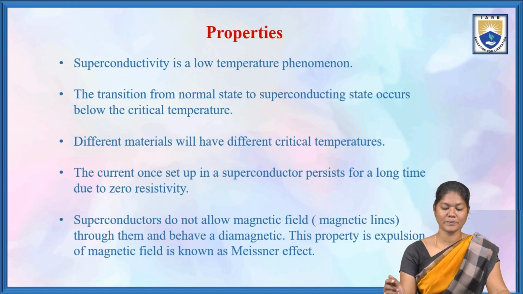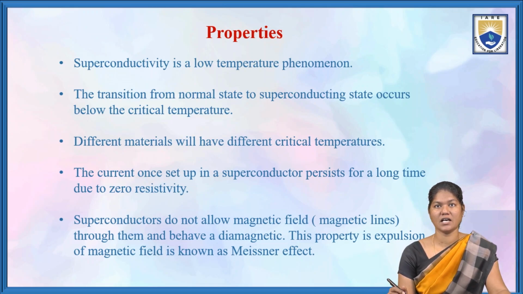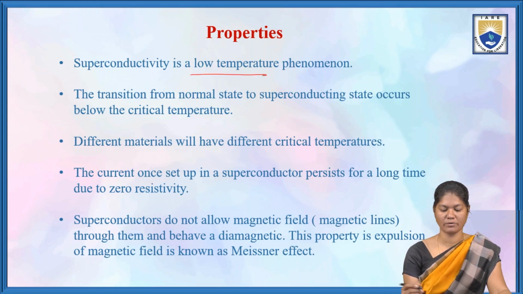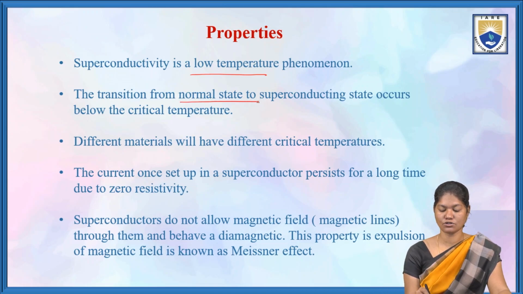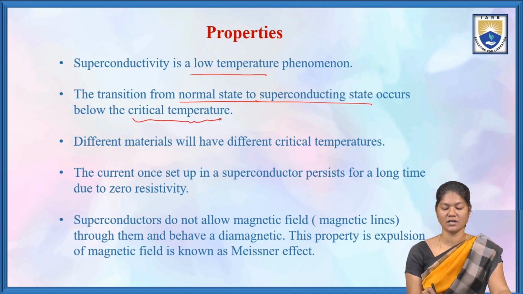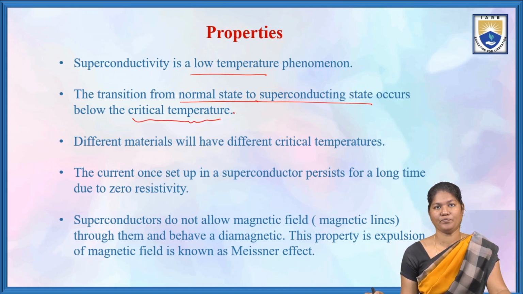Superconductivity is a low temperature phenomenon. The transition from normal state to superconducting state occurs below the critical temperature.